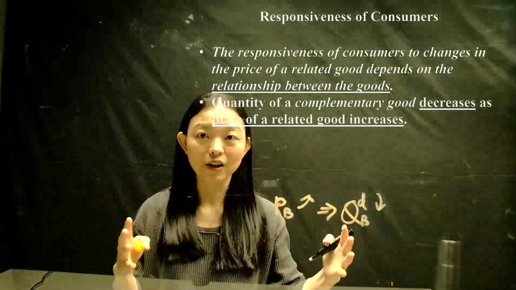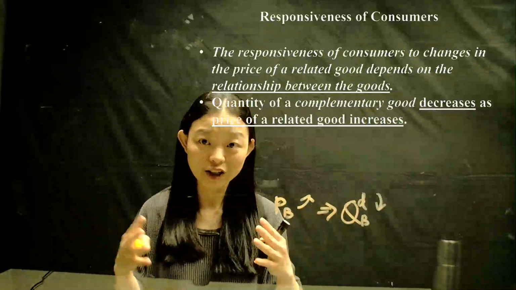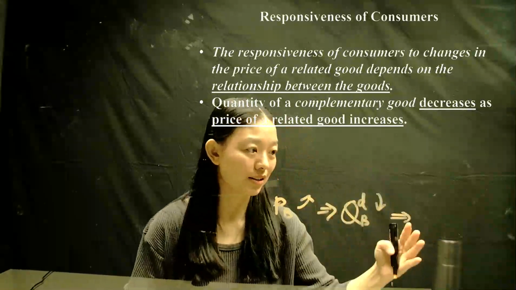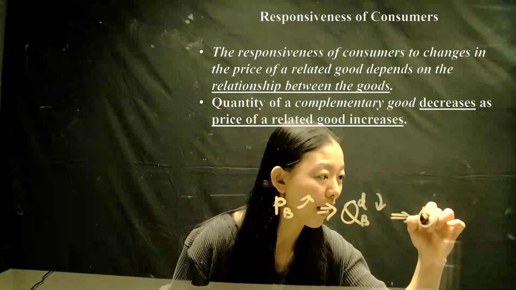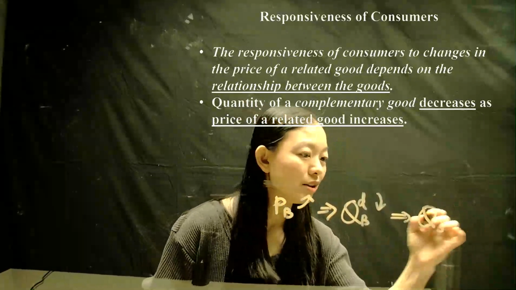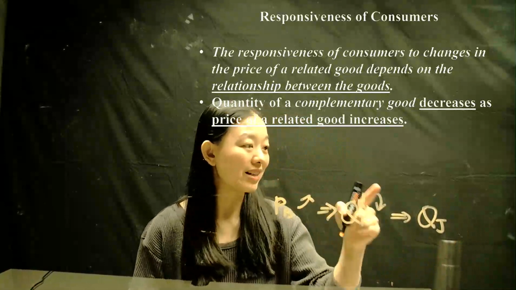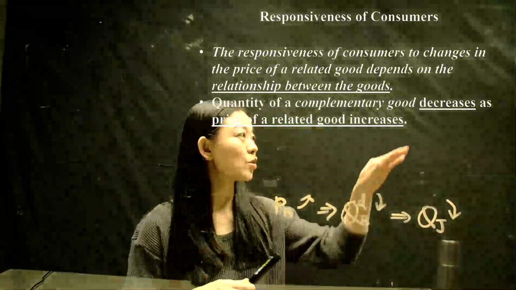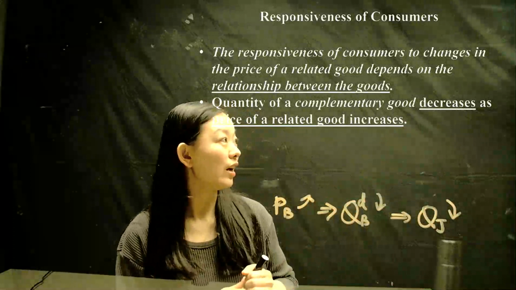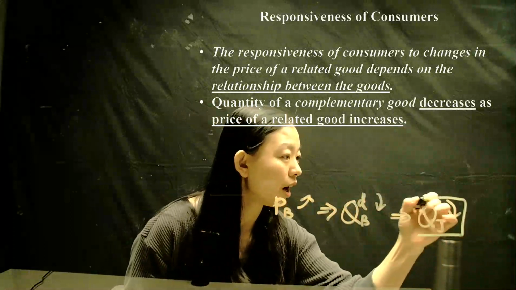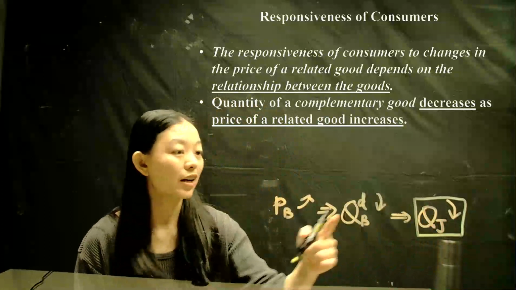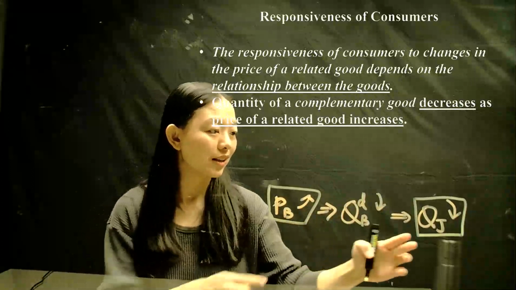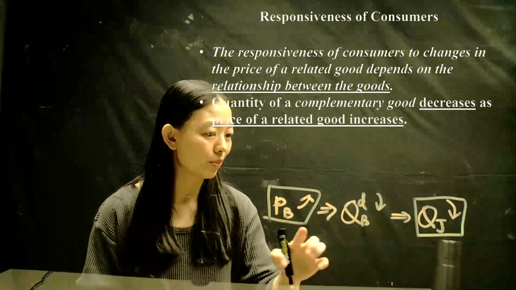Because peanut butter and jelly are always eaten together, it will have some indirect influence on the demand for jelly. Because the quantity demanded of peanut butter decreases, consumers will also buy less jelly. So this is why the statement says the quantity of a complementary good decreases as the price of the related good increases. This shows the relationship between peanut butter and jelly.